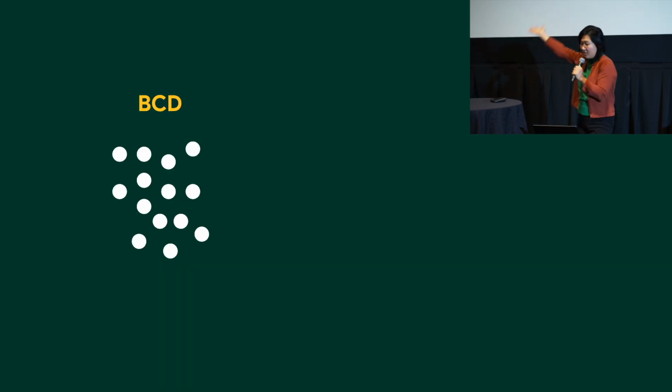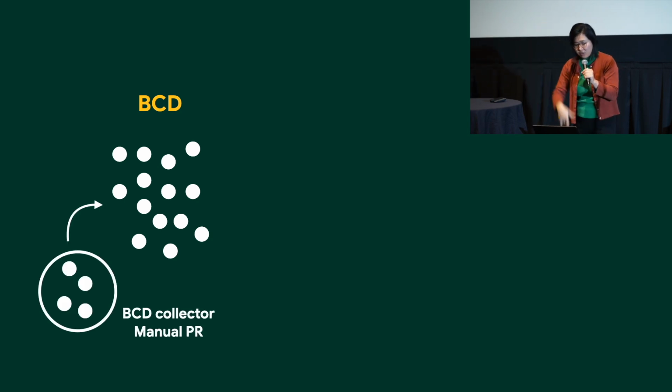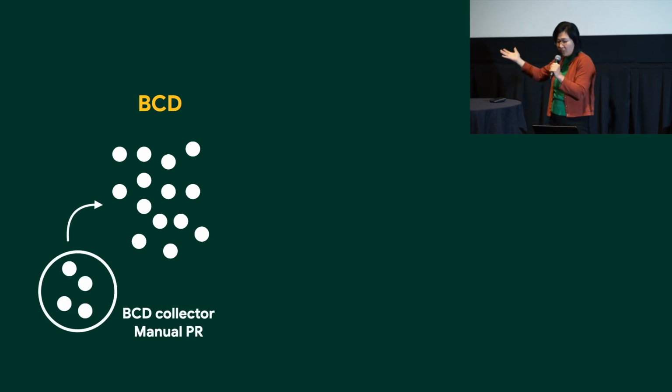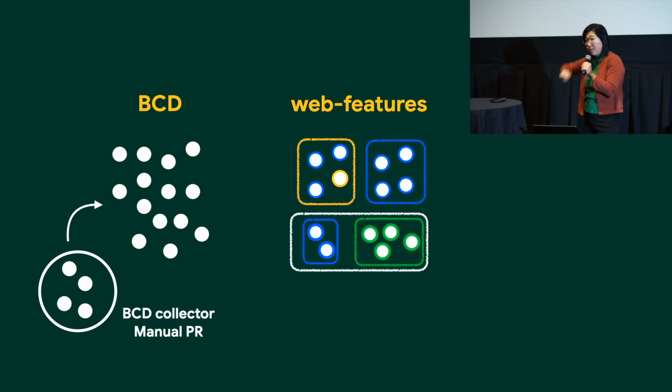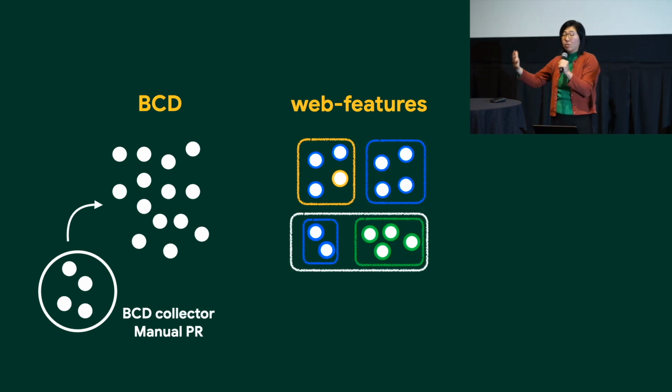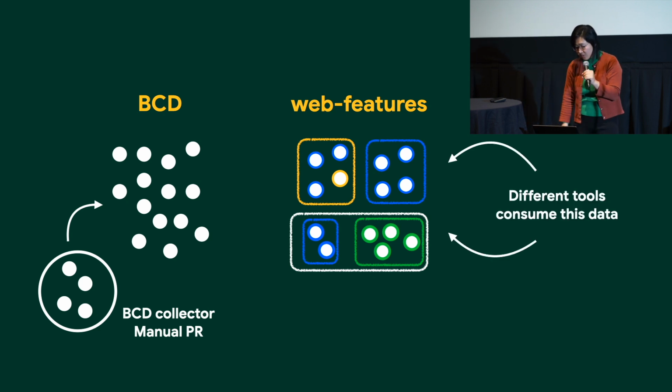So let me visualize. BCD, the granular data points, are the data, and then the BCD Collector or the manual pull request updates the data every browser version. Then the web-features work takes that data, groups it, adds definitions, and makes an editorial choice of a feature set for the web. The idea is that the tools then consume these features.